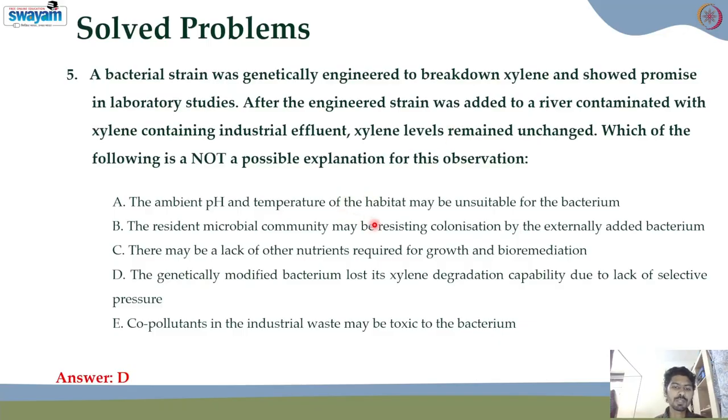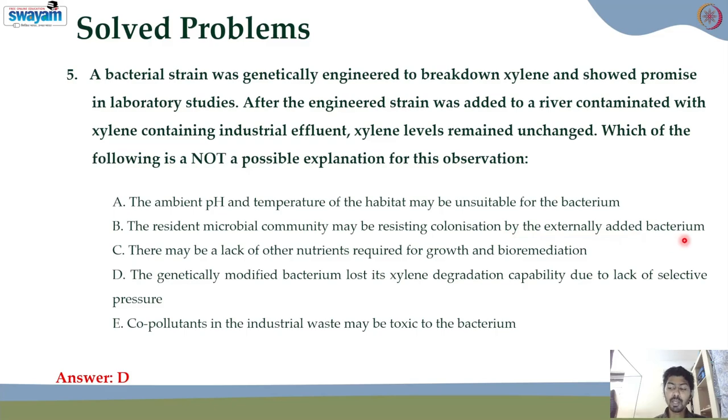And why are the other options correct? In the first condition, the ambient temperature and pH of the habitat may be unsuitable for the bacteria. This might be true because, as we have seen in the lectures, environmental conditions significantly influence microbial growth and activity. In option B, the resident microbial community may be resisting colonization by externally added bacteria.